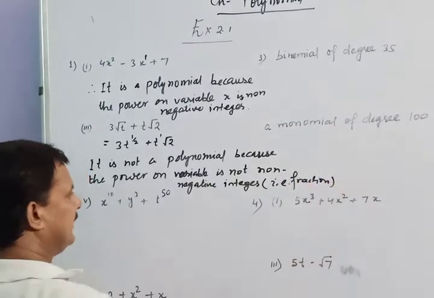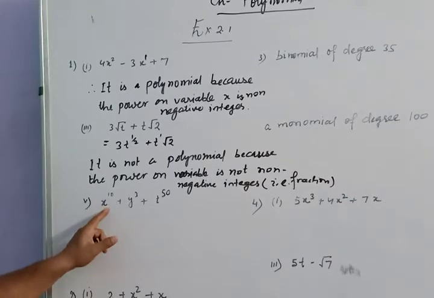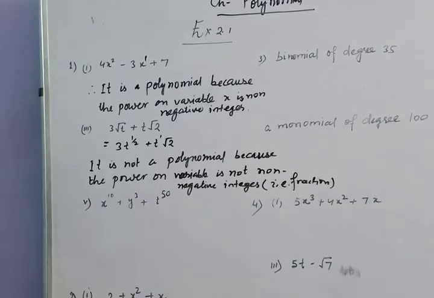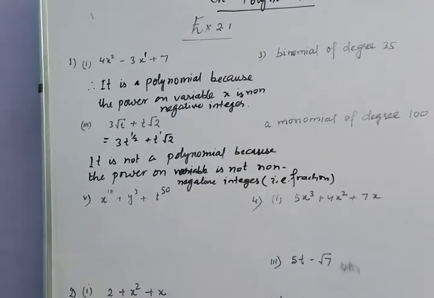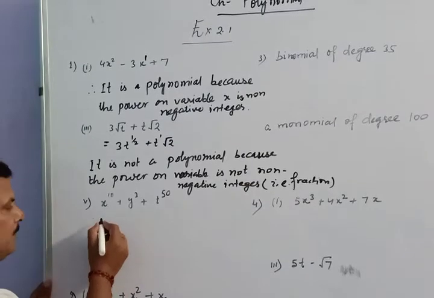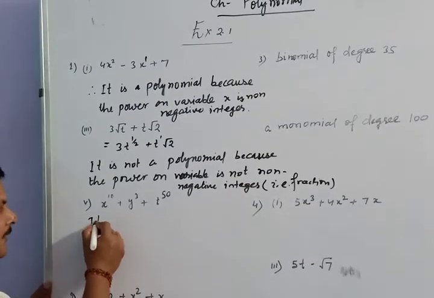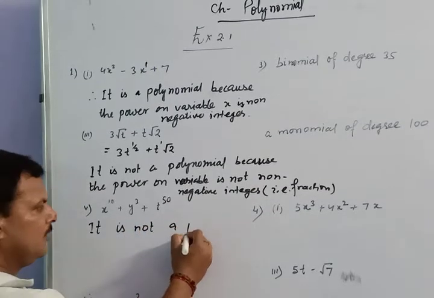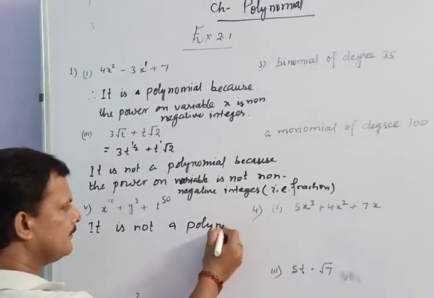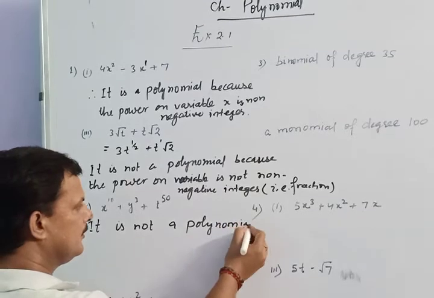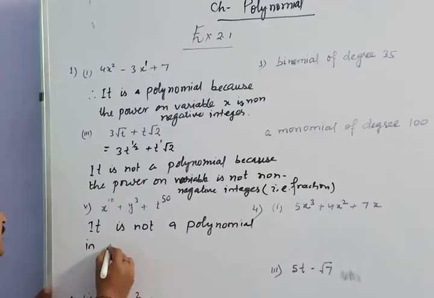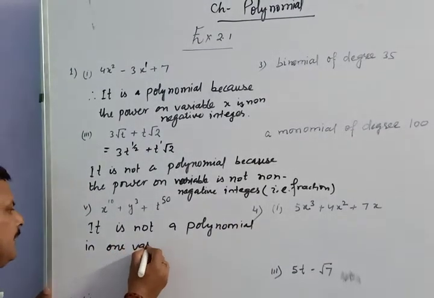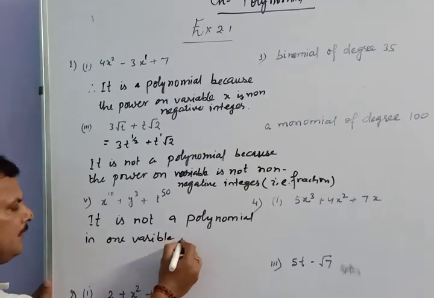Here we observe the powers are non-negative integers, but the variables are different. Again, it is not a polynomial in one variable, because the question is for one variable.